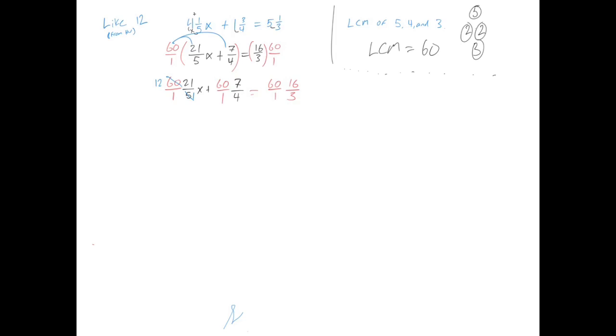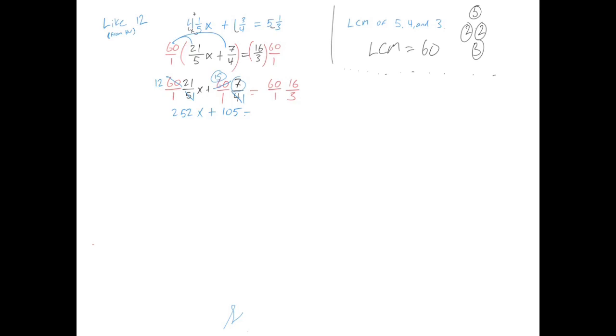So then I just need to multiply 12 times 21, which is 252 over 1x, plus, I notice 4 goes into 4 one time, and 4 goes into 60 15 times. So I need to multiply the 15 and the 7, which comes out to be 105.